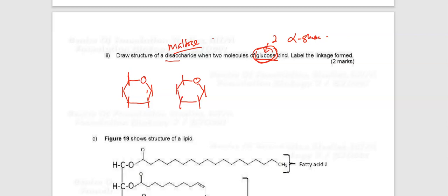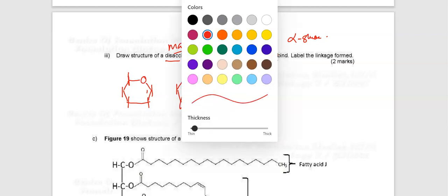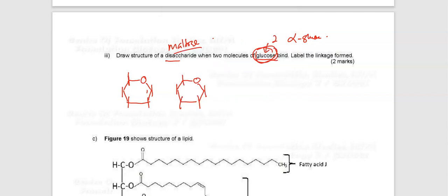So basically I'm just going to show you the number of the carbon: 1, 2, 3, 4, 5, 6. 1, 2, 3, 4, 5, and 6. Now you have to label all the atoms within this molecule.